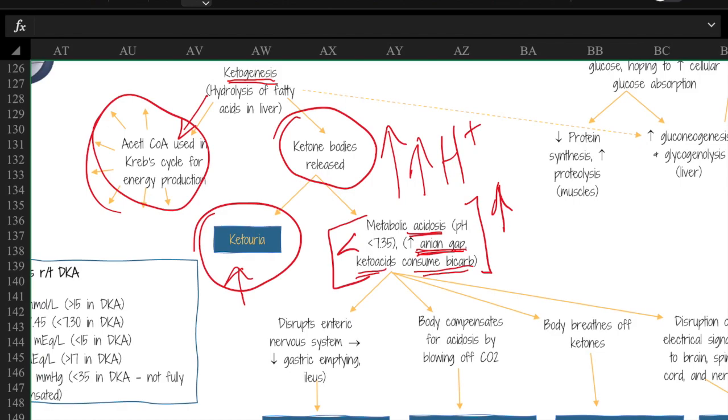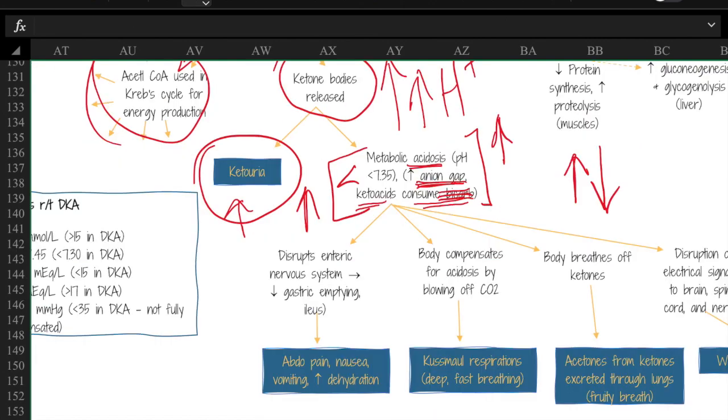So we have a carbonic acid that makes our body more acidic, and then we have bicarb that makes our body more basic. So if you've got a bunch of keto acids building up in the blood, plus those keto acids are consuming bicarb, you kind of have a double effect of an increase in acidity and a decrease in base at the same time. So you can understand how this has the potential for disaster.